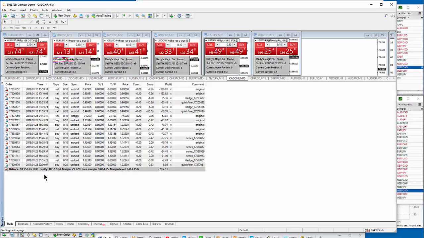Because the whole point is to keep the negative PL in a position where it's never going to hit a margin call, right? And so as long as the negative PL doesn't go above 15% of the equity balance, we can afford to run a larger negative PL, right?